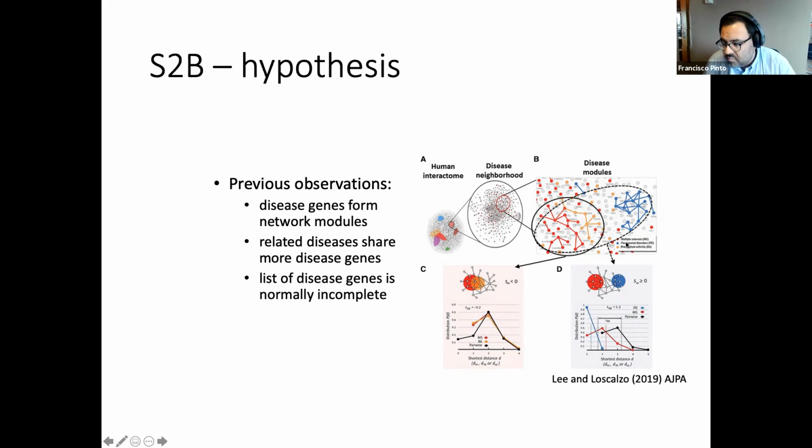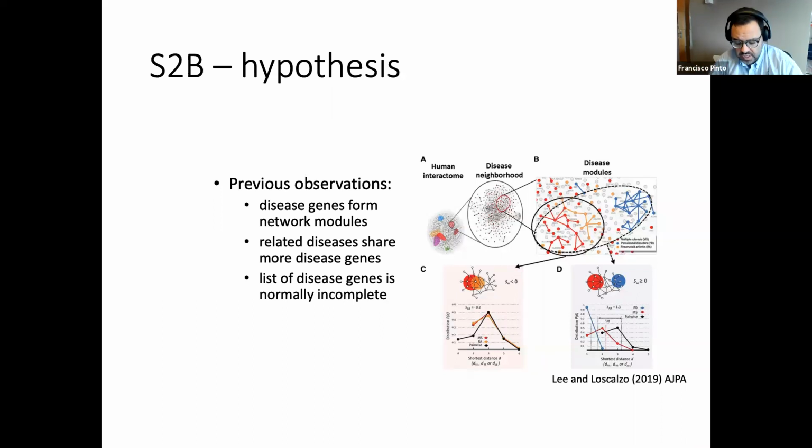Peroxisomal disorders are not related with the other two, while multiple sclerosis and rheumatoid arthritis are both related with autoimmunity processes. So these two disease modules are very interconnected and have overlap. There are some nodes that are associated with both diseases simultaneously. But another disease that is unrelated in terms of mechanism or phenotype doesn't have that overlap, so they are more separated in the network.